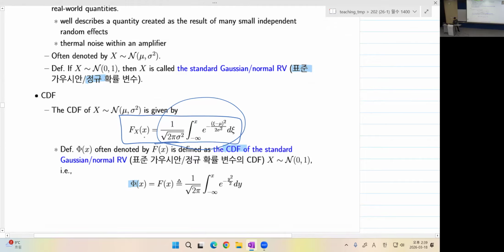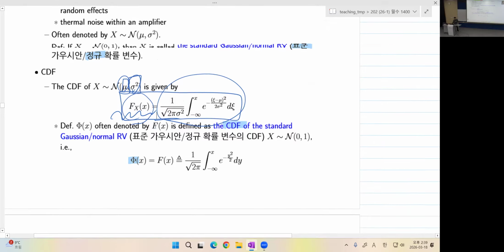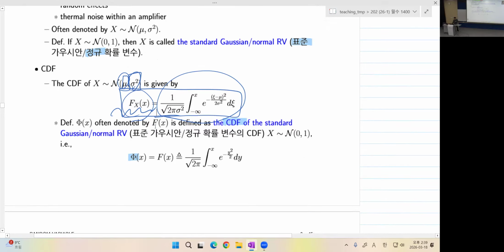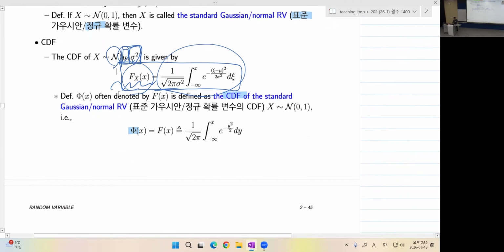The problem is that the CDF value highly depends on these two parameters. So do we need to tabulate for every pair of mu and sigma? No. As I told you, we just need to tabulate this function for the standard Gaussian. And then using change of variable, we can find the CDF value for any Gaussian with the pair mu, sigma squared. Got it? So this is now the standard definition, sometimes capital phi. This is phi.